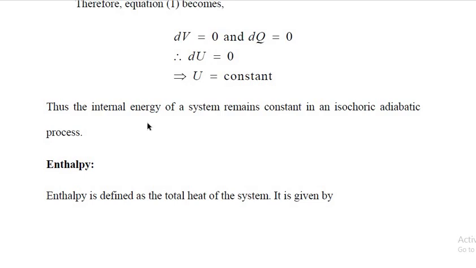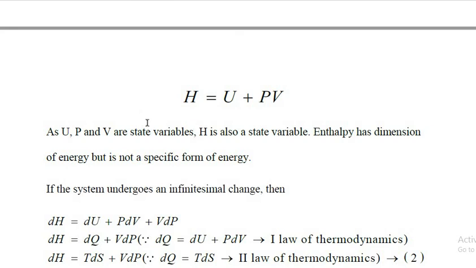Hope you all understood. Same way we have to write for enthalpy. So what is enthalpy? Enthalpy is defined as the total heat of the system. It is given by H is equal to U plus PV. As U, P and V are state variables, H is also a state variable.